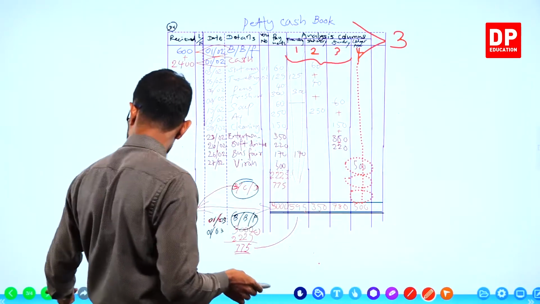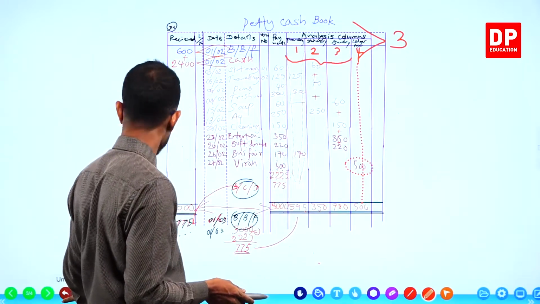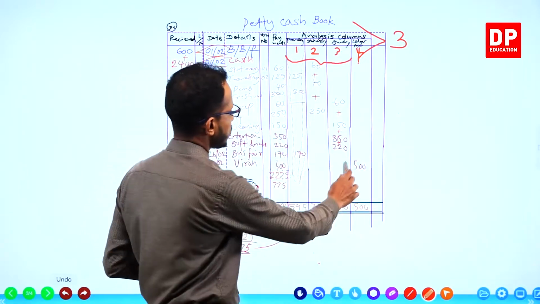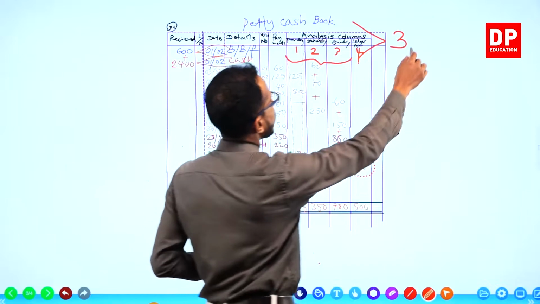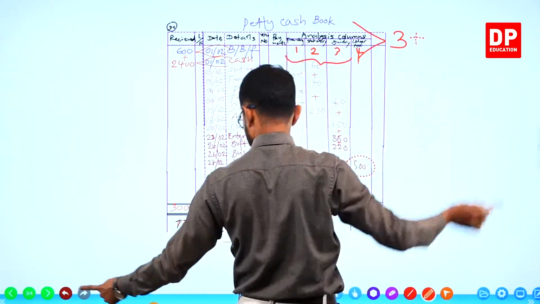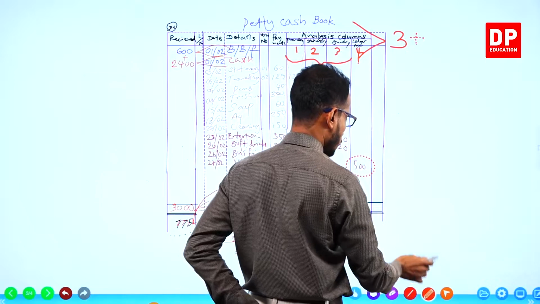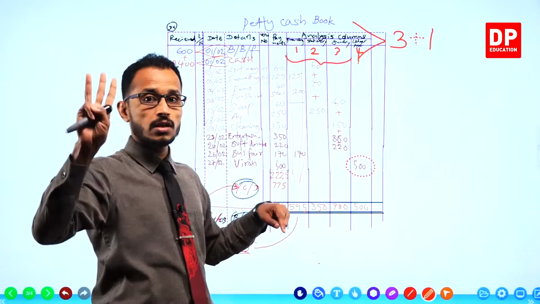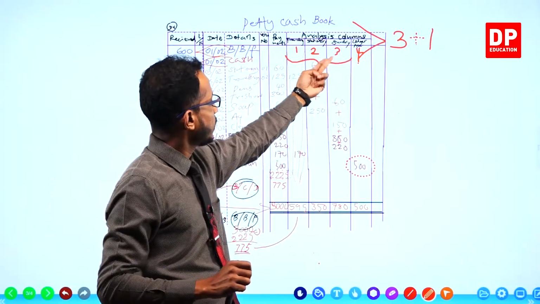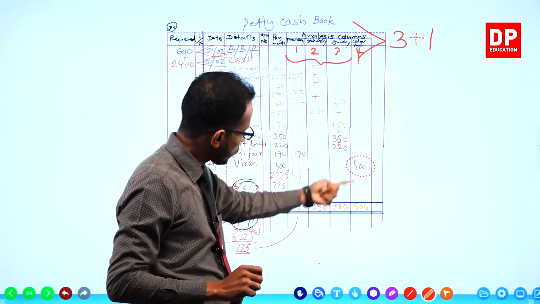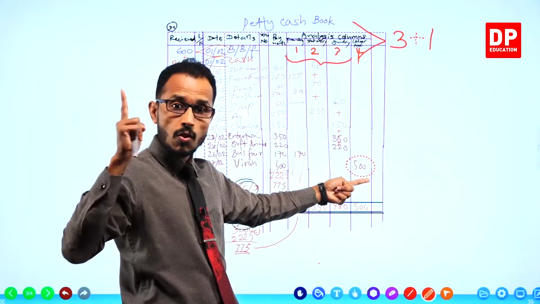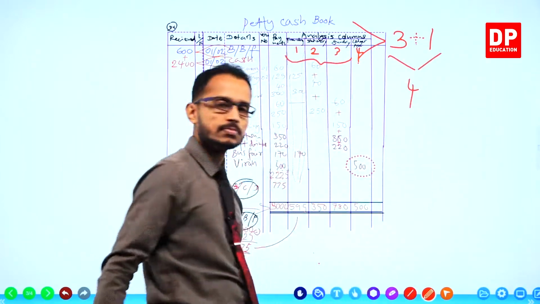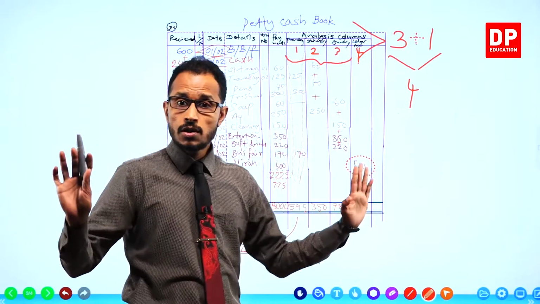But in this question, we have only one ledger account entry, which is this one. So 3 ledger accounts for the 3 analysis columns, plus 1 for the only entry in the ledger account column. Actually we need 4 ledger accounts.